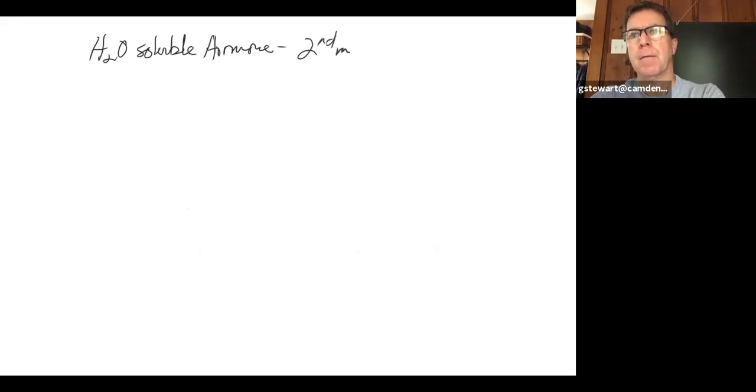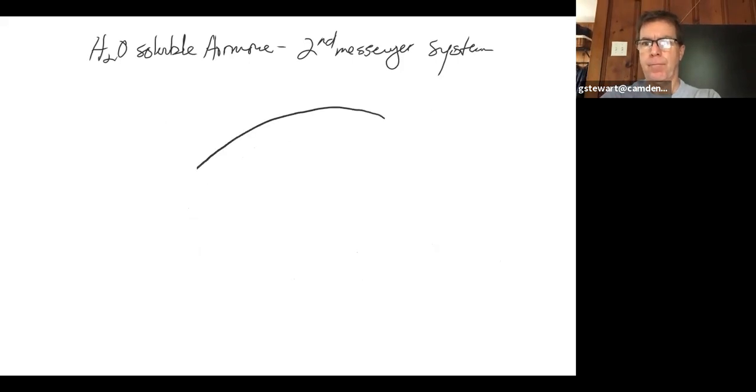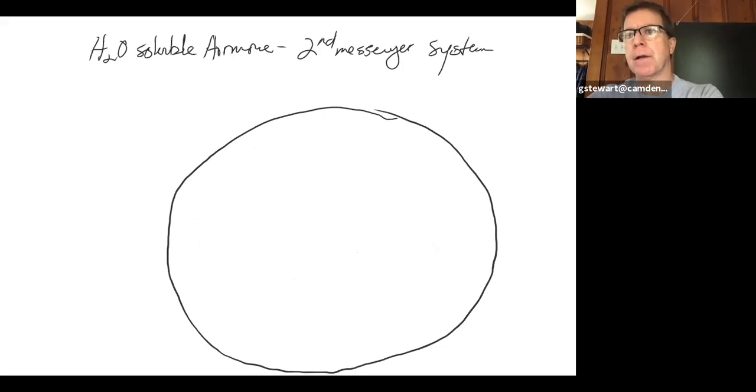So these are water-soluble hormones. I'm just going to title my diagram here: water-soluble hormones, second messenger system. Now I'm going to draw a really large cell. And this would be the target cell.